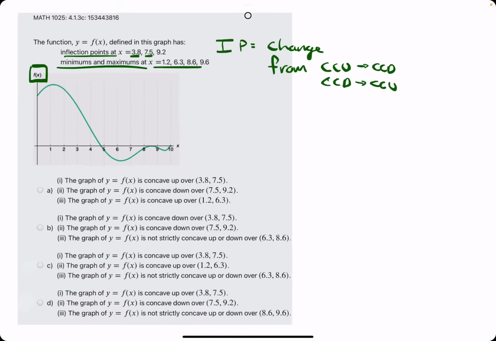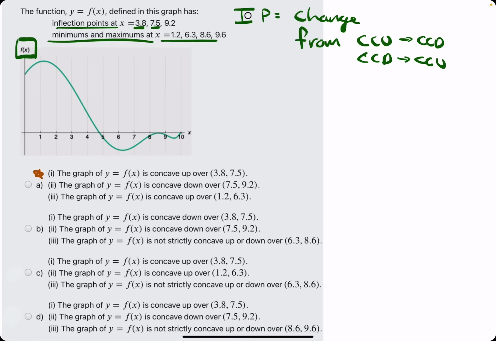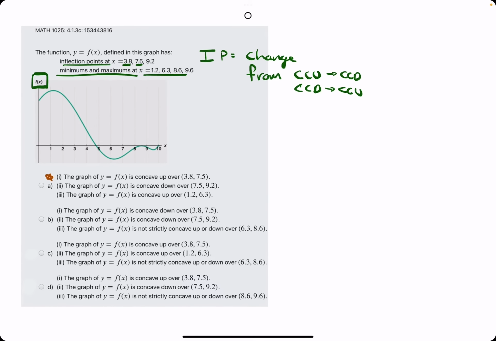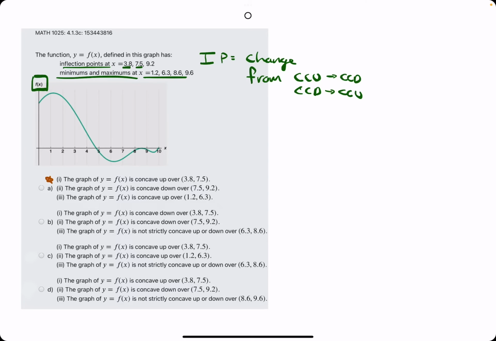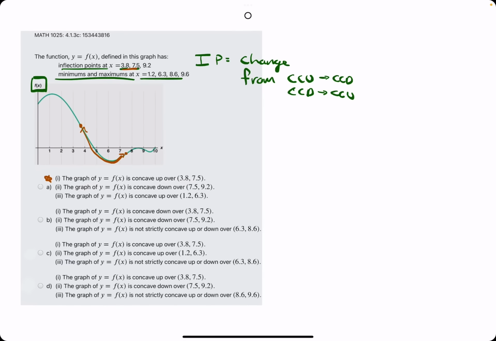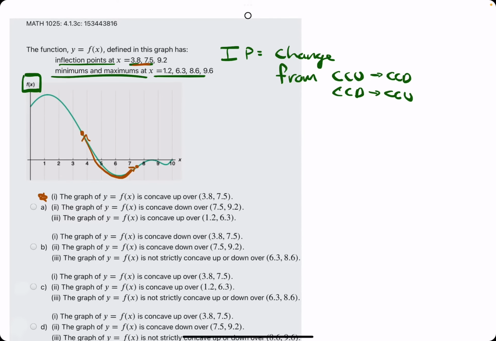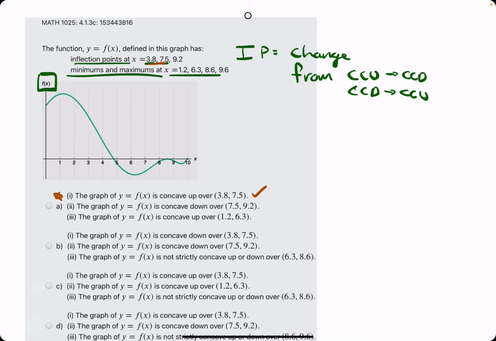Starting with option A, number 1: the graph is concave up from 3.8 to 7.5. That's exactly where we talked about the inflection points. The numbers do help, but we could just visualize that it is concave up, opening up between those two x values. So that is a true statement.